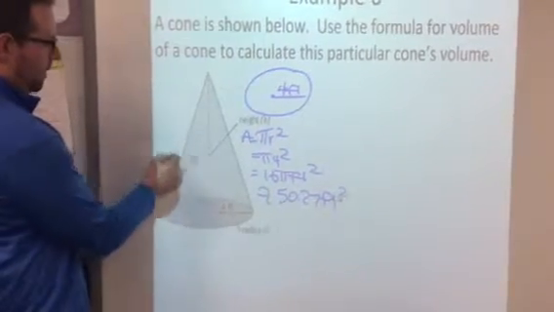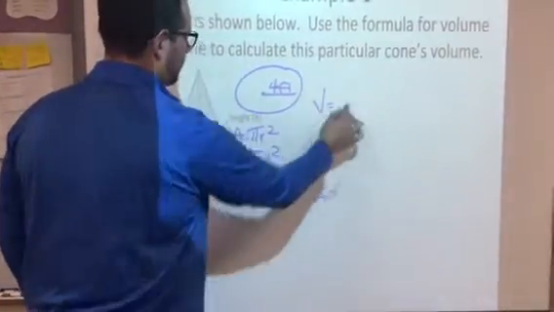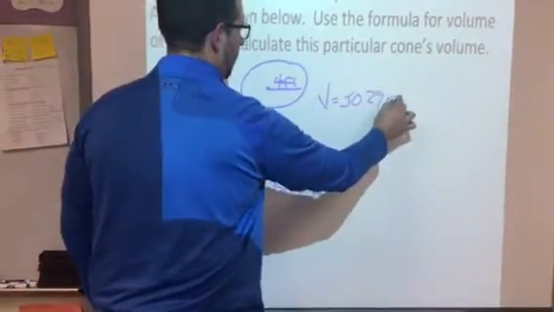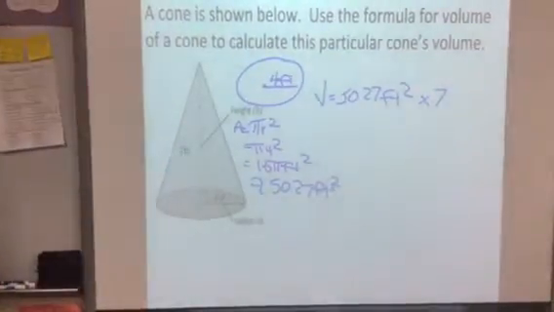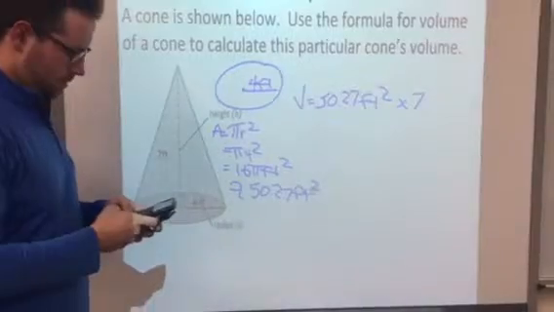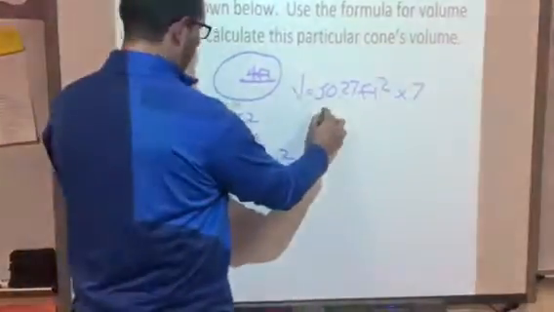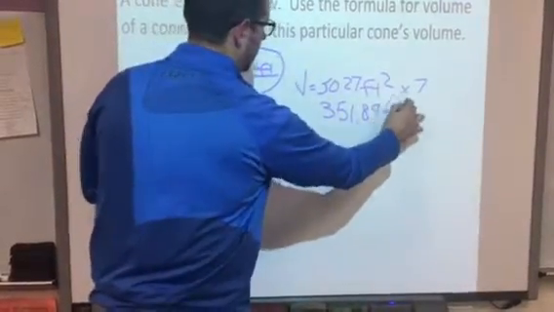Now we have to multiply that by 7. So the volume is equal to the area of the base, which is 50.27 feet squared times 7. So do that on your calculator. And you get 351.89 feet cubed.